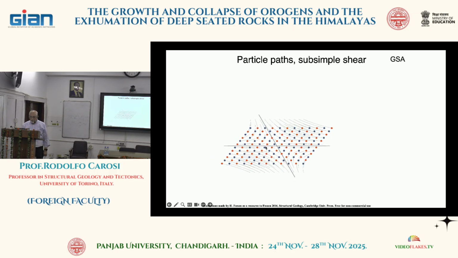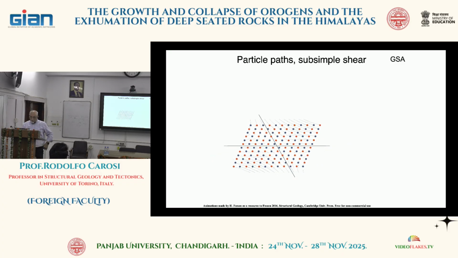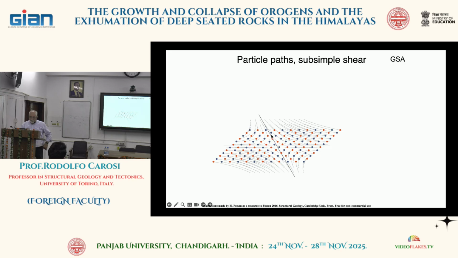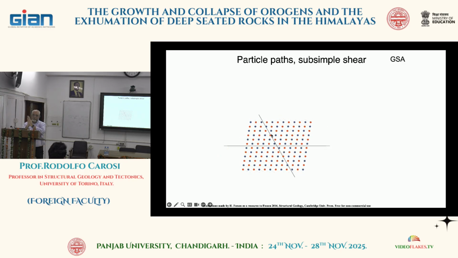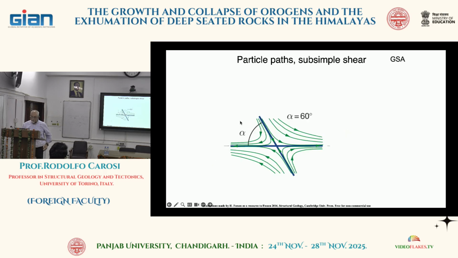This is a stable apophysis that is parallel to the flow, parallel to the shear zone, and this is the unstable apophysis, the one that rotates from 90 degrees to parallelism with the other one. So in this way, this angle is related to the amount of vorticity, or the amount of pure shear and simple shear of the flow.